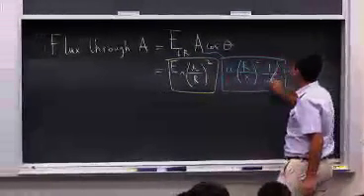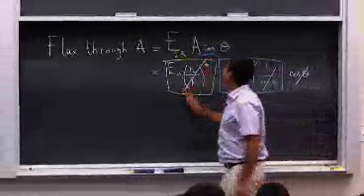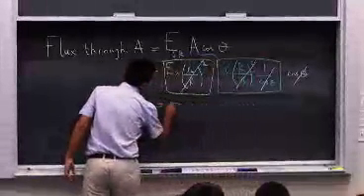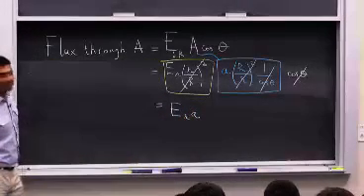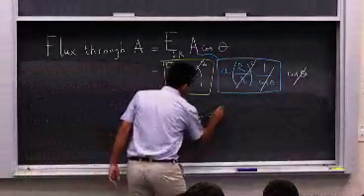So this goes away, and I'm left with E(r) small a, which is the flux through small a.